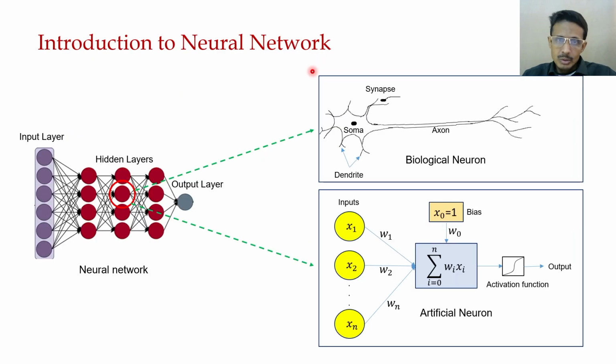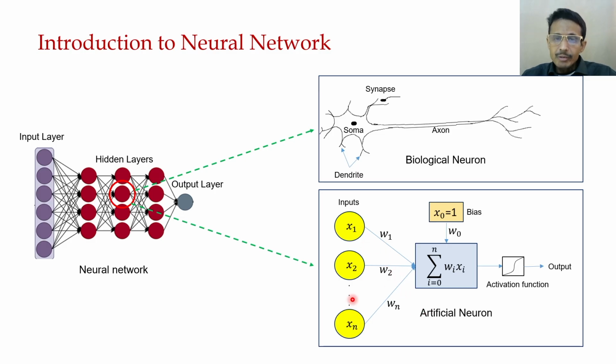Now we'll try to understand the architecture or structure of the artificial neuron. This is the artificial neural network: the input layer, hidden layers and output layer, and one neuron is very similar to the biological neuron. Its structure is this.